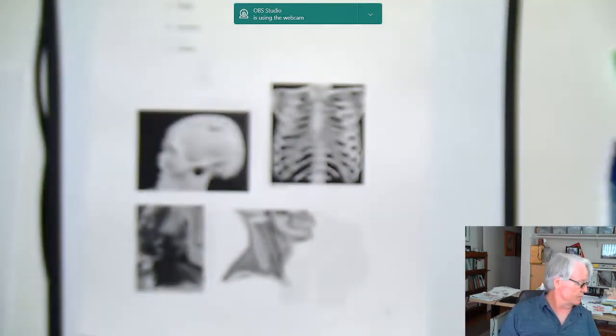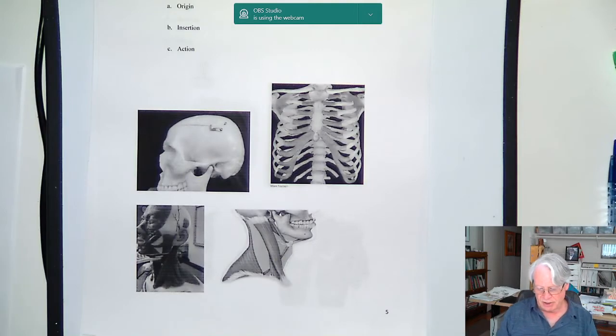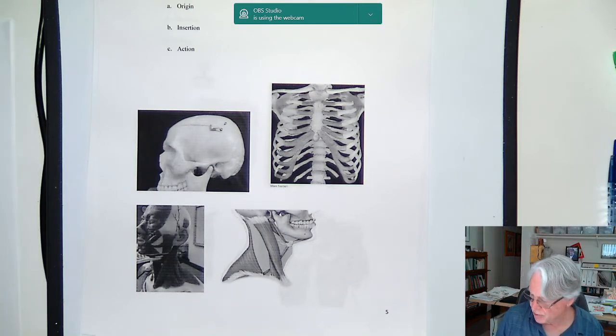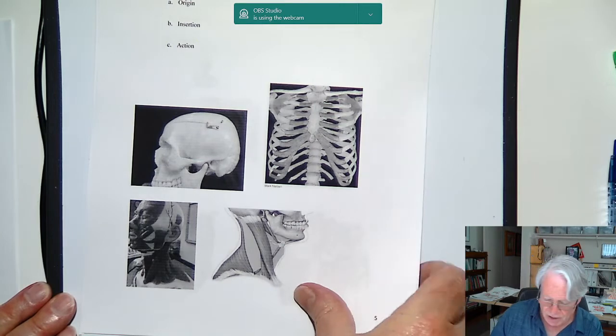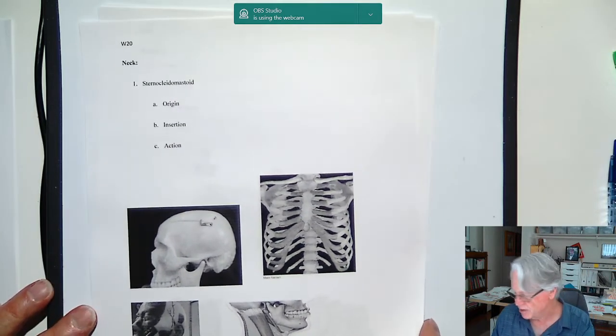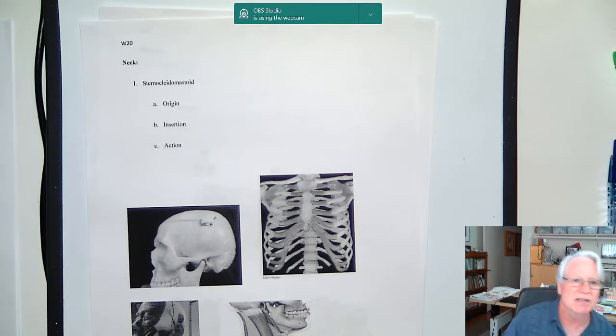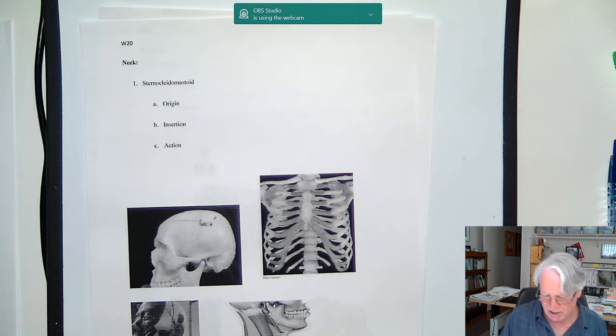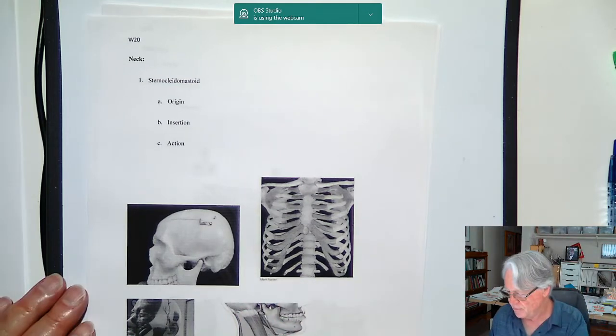Let's move on. The next muscle that we're going to look at is the sternocleidomastoid muscle, and the name tells you everything that you need to know about this muscle, but let's go ahead and put in the information.